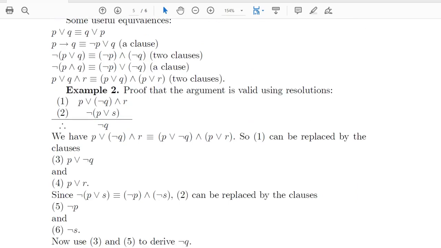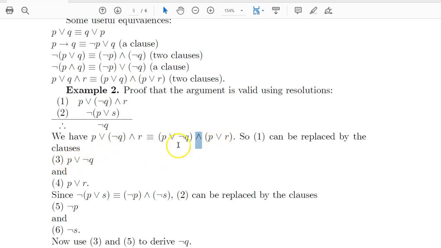In this example, prove that the argument is valid. We replace this with two clauses according to the distributive law, the first and the second. You know this conjunction is true when both propositions before and after the conjunction are true.